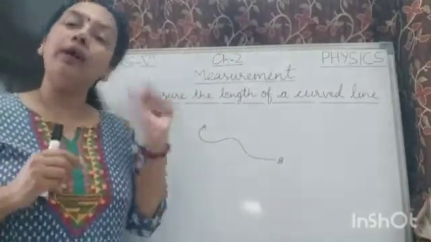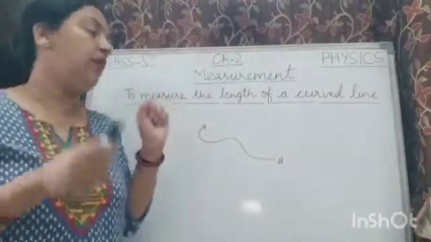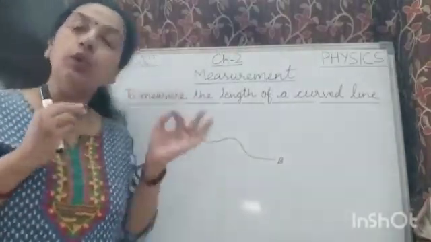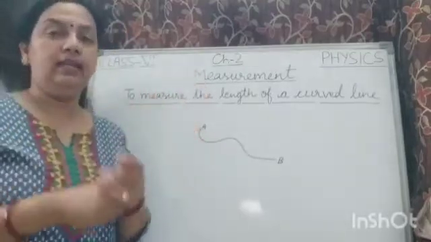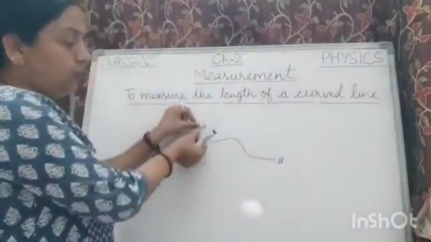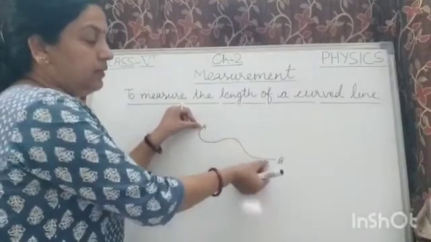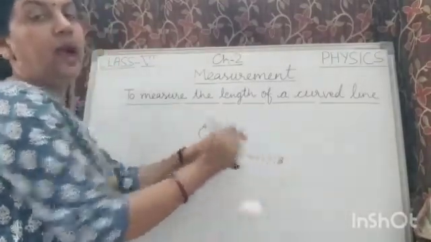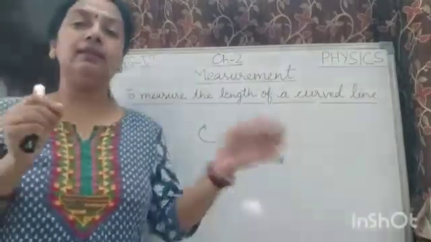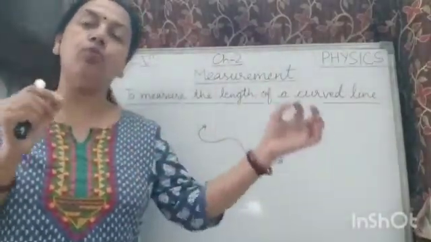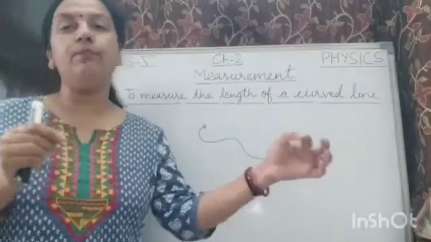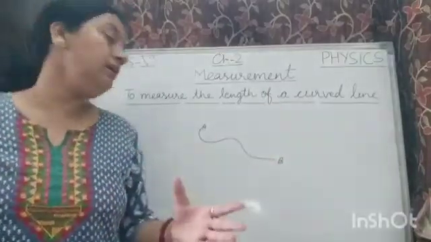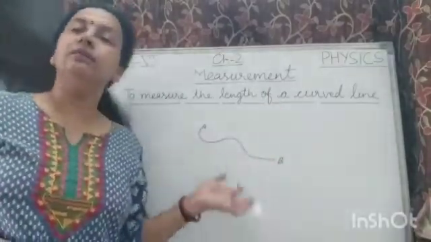The one end of the thread we will assume as the 0 line of the scale, and then we overlap that thread along this line. After that we take the distance between those 2 points of the thread with the help of the ruler, and that will be the length of this curved line.